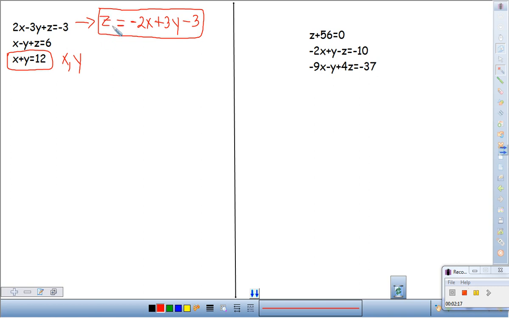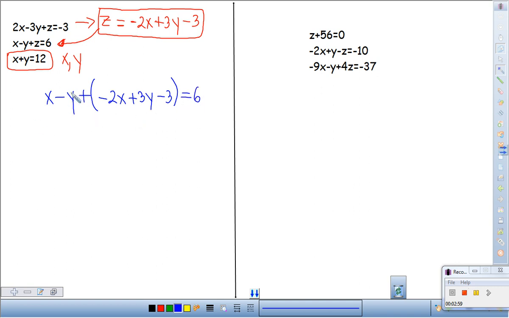I'm going to use the z substitution value in the second equation so I can transform it from a three-variable equation into a two-variable equation. So wherever we see z, we are going to use the expression that defines it. So let me just use another color. We have x minus y plus, now, instead of z, we're going to use the substitution value, and that is negative 2x plus 3y minus 3, and everything equals 6.